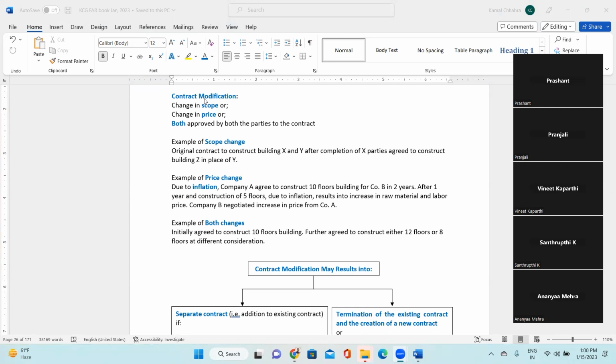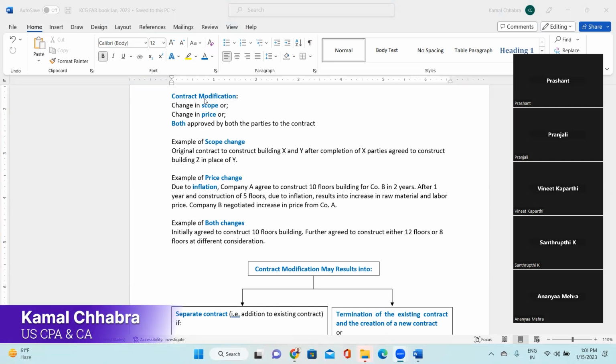additional clauses for it. So modification of contract will happen in three situations: when there is a change in price, right? For example, if you are purchasing raw material from someone and the price has changed, even though the quantity remains the same.